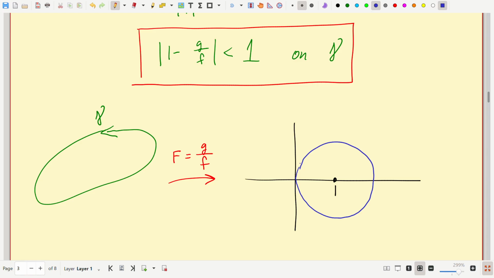Okay, so this is going to be capital F of gamma. It's inside that circle. And here's the origin right here.